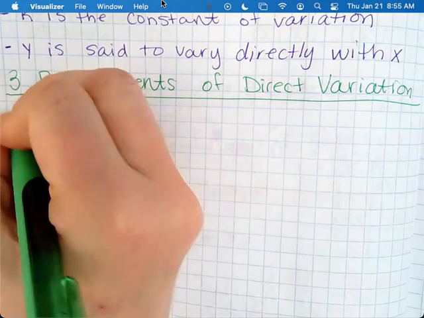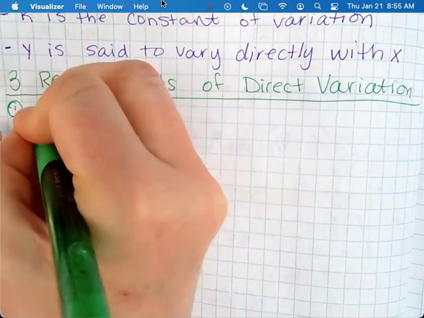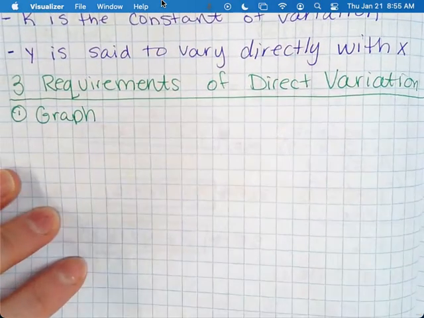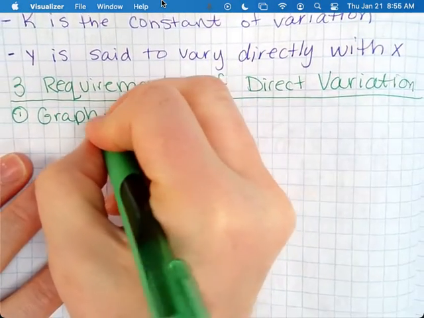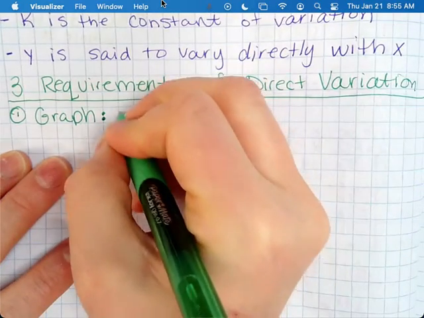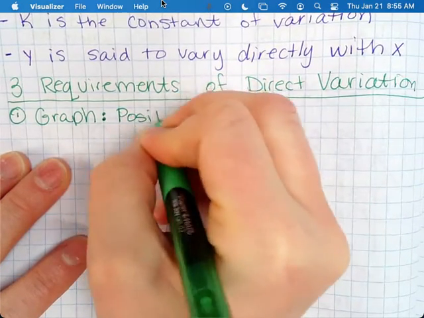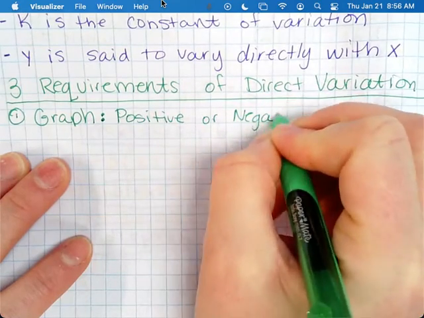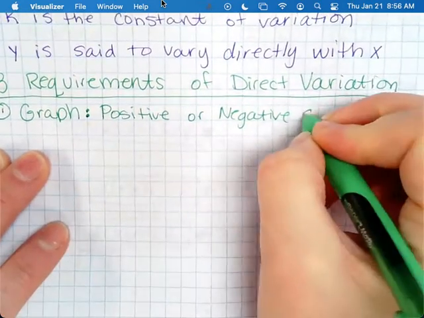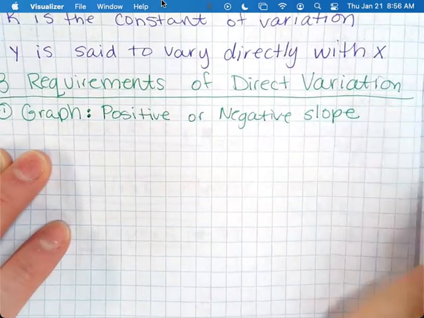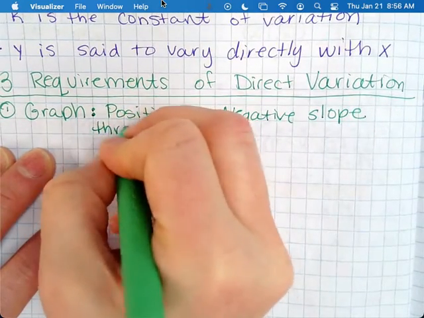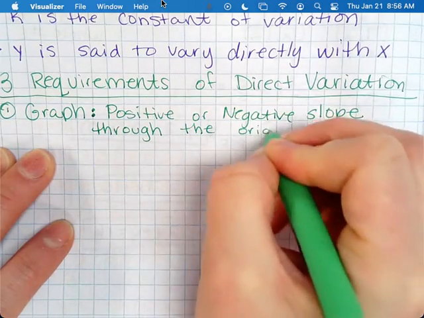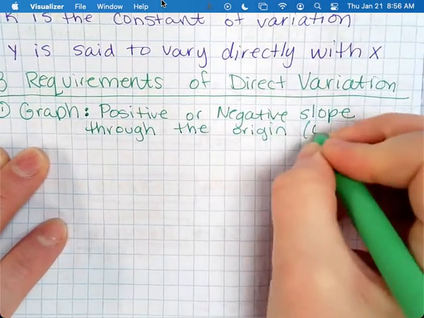So the first one is going to deal with the graph of the direct variation. It's a positive or negative slope through the origin, zero, zero.